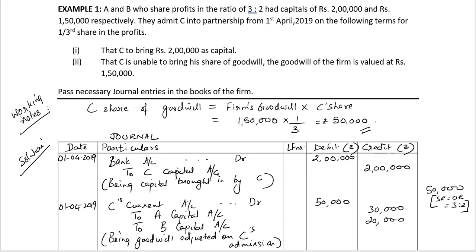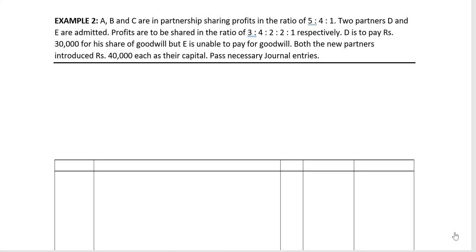Let's go to the next example. Example 2. A, B and C are in partnership, sharing profits in the ratio of 5:4:1. Two partners, D and E, are admitted. Profits are to be shared in the ratio of 3:4:2:2:1 respectively.